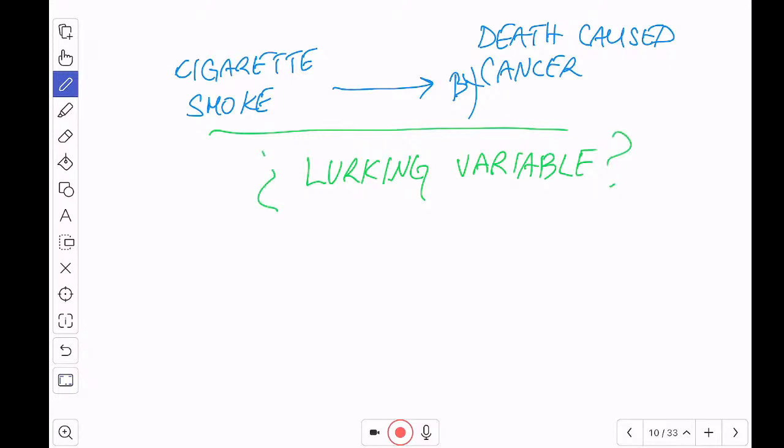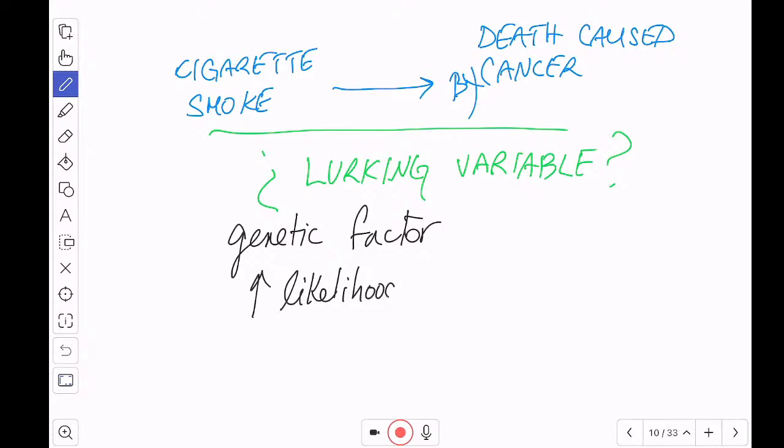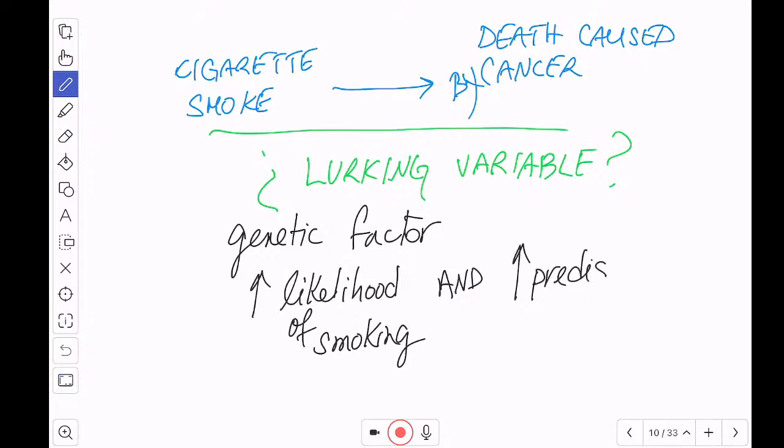There's something behind that could be explaining, causing people to both smoke cigarettes, like a genetic factor that both increases the likelihood that someone smokes and increases the risk, a predisposition to developing cancer.